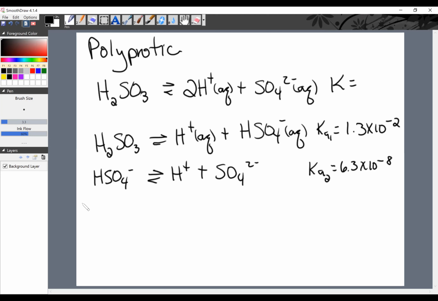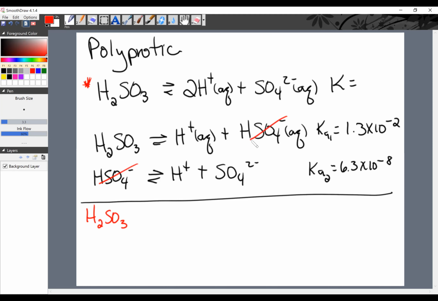But if you want to know what it is for both of them coming off, we're just going to use those equilibrium rules. Now, remember, I call it the Hess's law. Hess's law is really for thermodynamics, but it's the same idea. So if you want to know what the K value is of this equation, look up the equations for all of the pieces, and then you can add those together and multiply the K values. So what I mean is, let's add these together, and H2SO3, nobody cancels it out. All right, how about HSO3 minus?